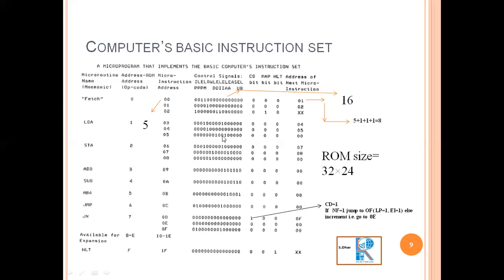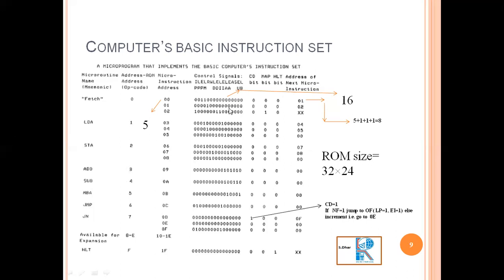Suppose you want to execute the add instruction. It will first fetch, and this is common for all the instructions: this line, this line, this line. After that, as it is add, the processor will jump to the address 3 and then do the next micro instruction. Suppose the processor has to store particular data, that means STA.